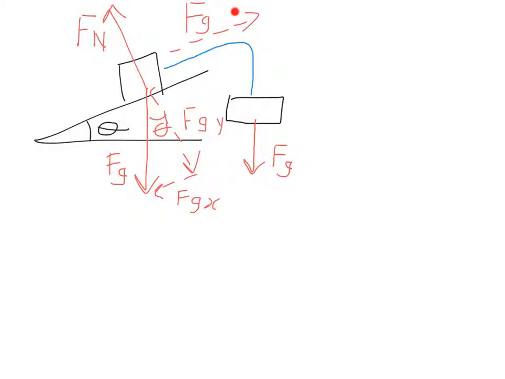If I look at it this way, now this force happens to be parallel with this, and Fgx is also parallel to this. So if I view these forces in here as being the forces on my system, then now I can very easily take these two to being in the exact opposite directions.